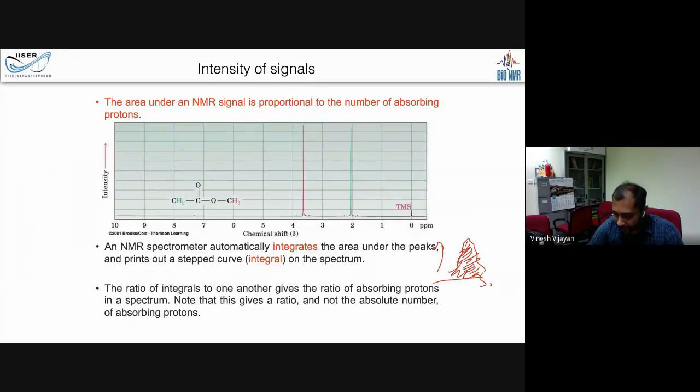So you see that in the green there are three hydrogens. In the pink there are three hydrogens. So you should have the same intensity ratio, a 1:1 intensity ratio, and that is what we are seeing here. And the integrals, meaning area under the curve, should be the same. So that should be a 1:1 ratio.